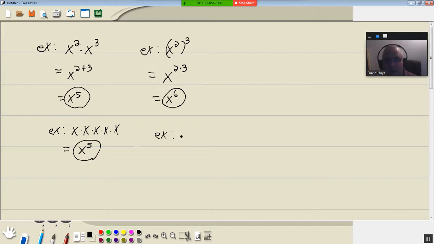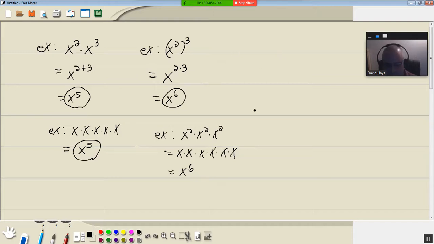X squared to the third power. Well, the third power means I'm going to take x squared times x squared times x squared. 3 of them. Now each one of those x squared can get rewritten as x times x. So then I got 6 x's, so I got x to 6. And then you can see what happens when you got an exponent being raised to another exponent.